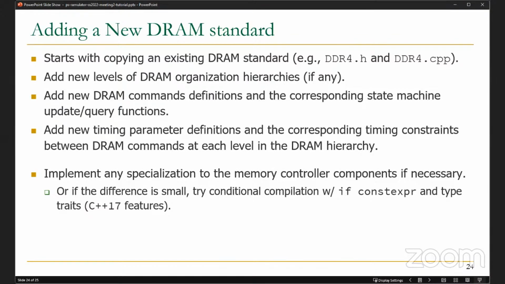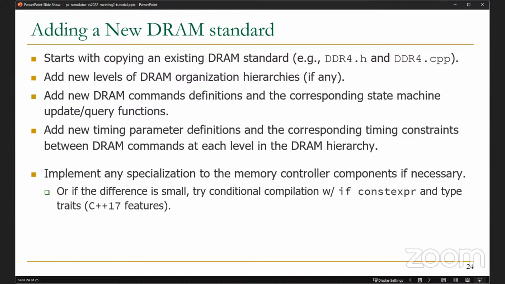A tip here is that if the difference is very small, instead of writing an entire specialization for some very lengthy functions, you can try this sweet C++17 feature called conditional compilation with if constexpr and type traits to basically enable and disable part of the code at compile time.